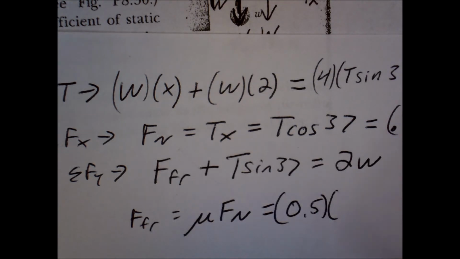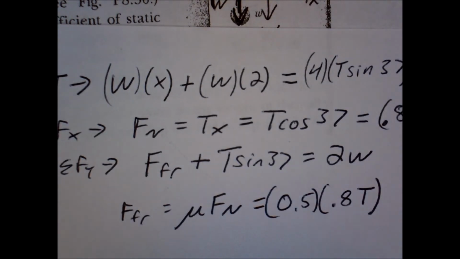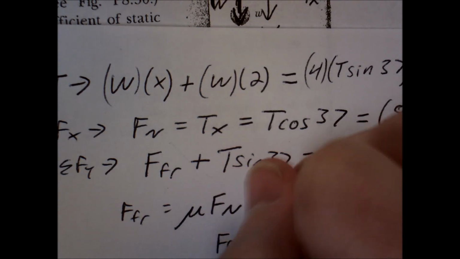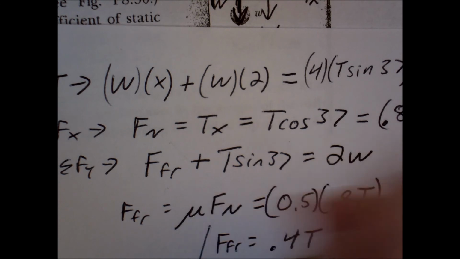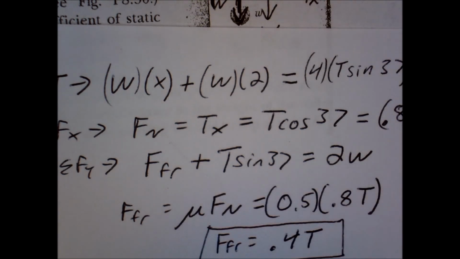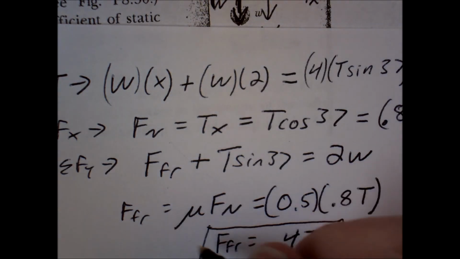That was 0.8 times T. So we could write friction as 0.4 times T. Let's substitute this into here.